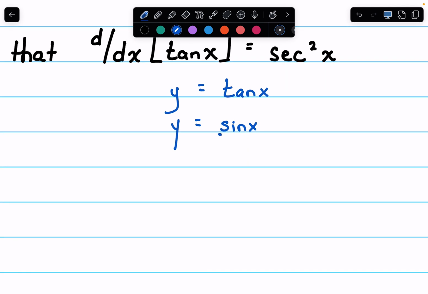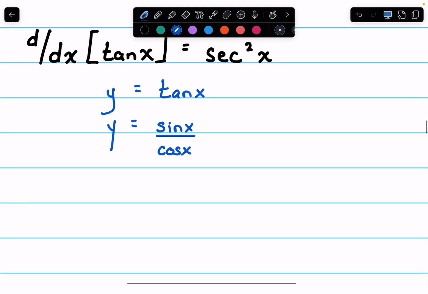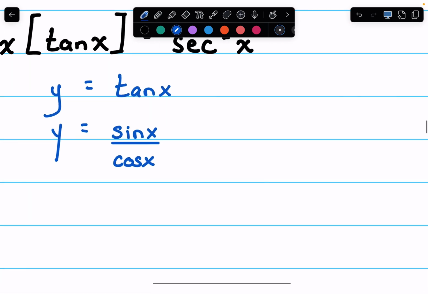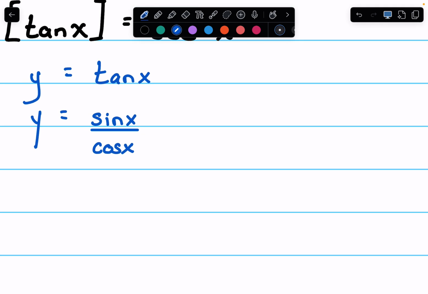Sine over cosine. Okay. So, if we can take the derivative of sine over cosine and it equals secant squared, that would prove that tangent, because that's also sine over cosine, equals secant squared. Okay? So what rule are we going to have to do for this guy? The quotient rule?